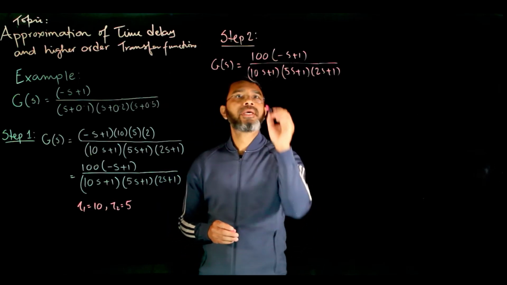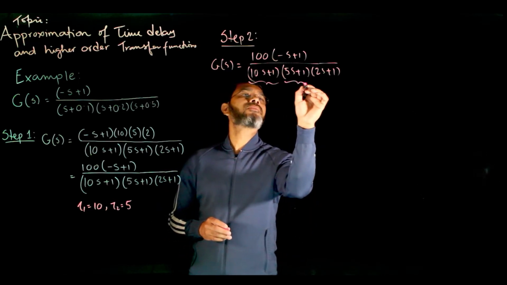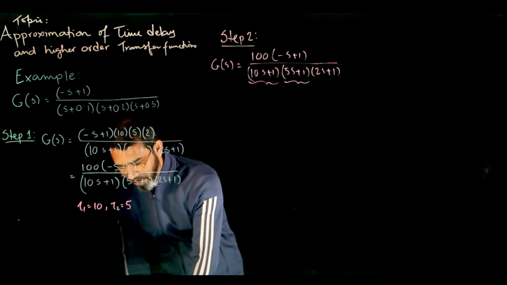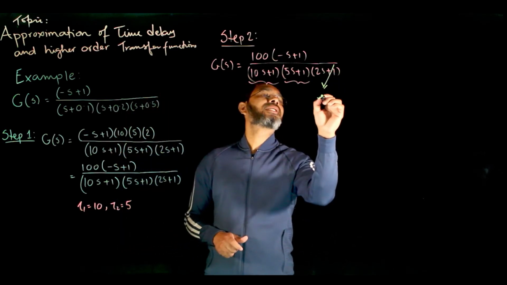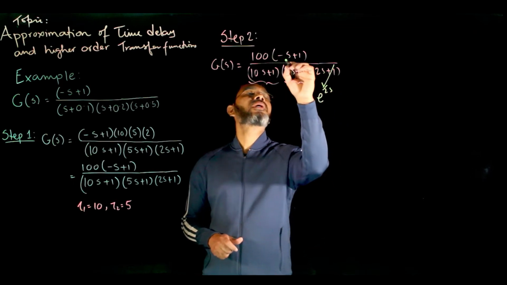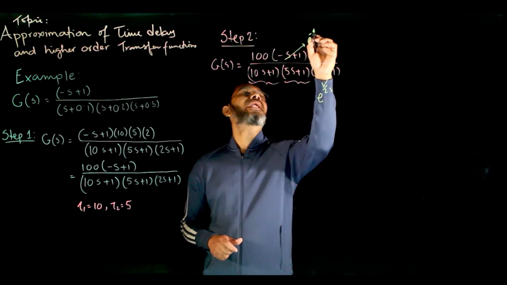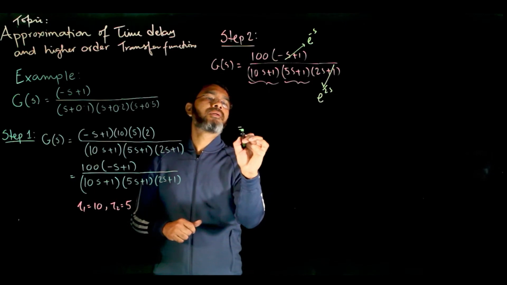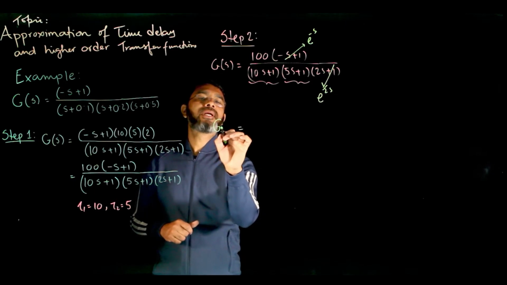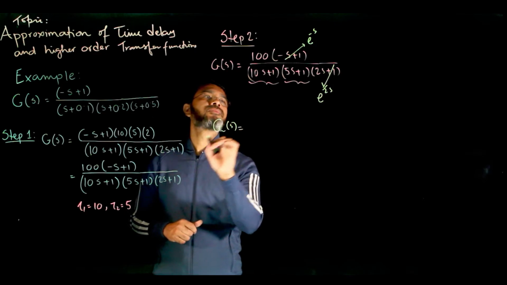We leave these two terms, and then if we approximate this term, we get e to the power 2s, and this one e to the power negative s.